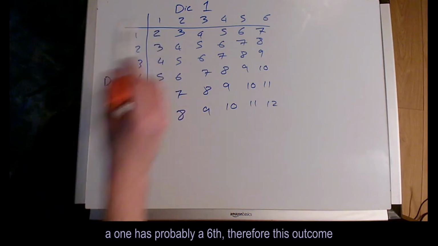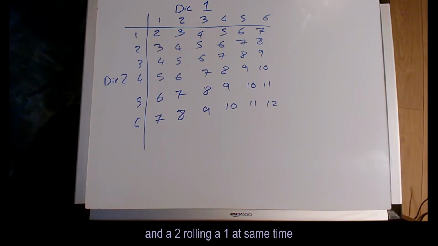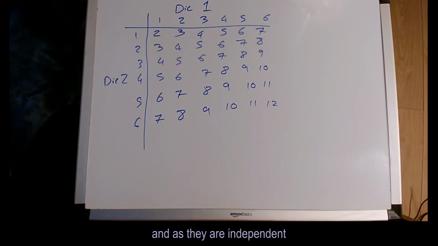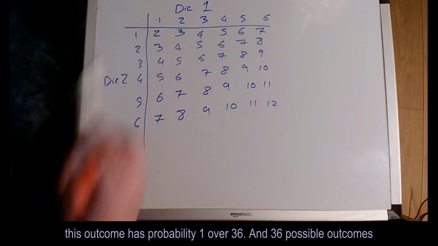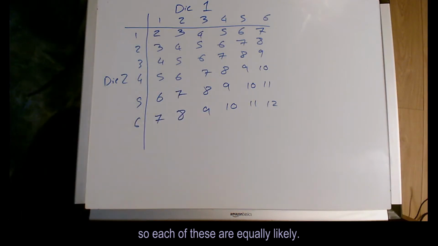Therefore, this outcome will be the probability of die 1 rolling a 1 and die 2 rolling a 1 at the same time, which is the intersection of those two outcomes. And as they're independent, we can multiply the probabilities. So a sixth multiplied by a sixth. So this outcome has probability 1 over 36. And there are 36 possible outcomes, so each of these are equally likely.